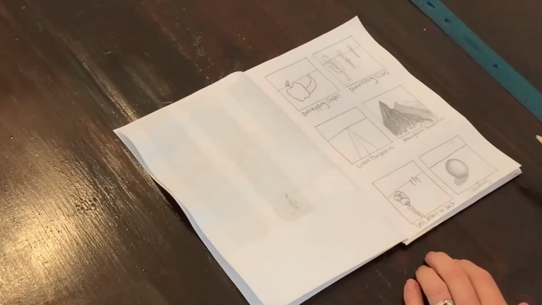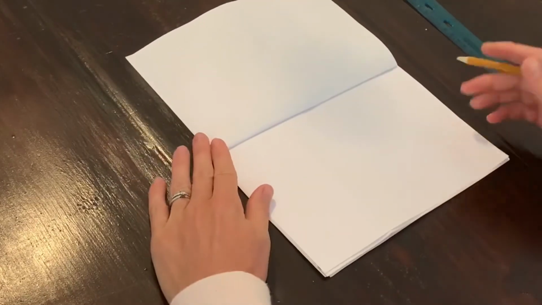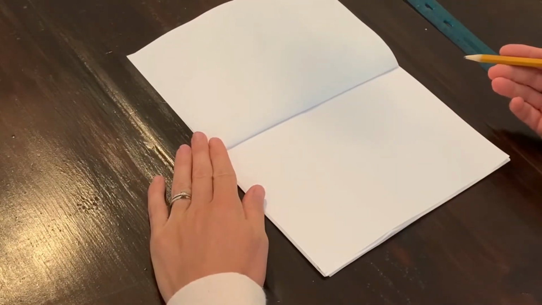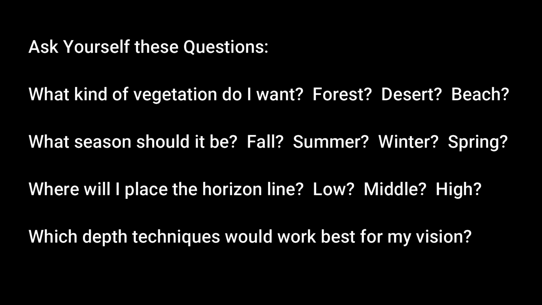On the next page in your sketchbook, just make a planning sketch or sketches for your landscape painting. So one of the objectives is to use one or more of the depth techniques, and I kind of challenge you to use a few.